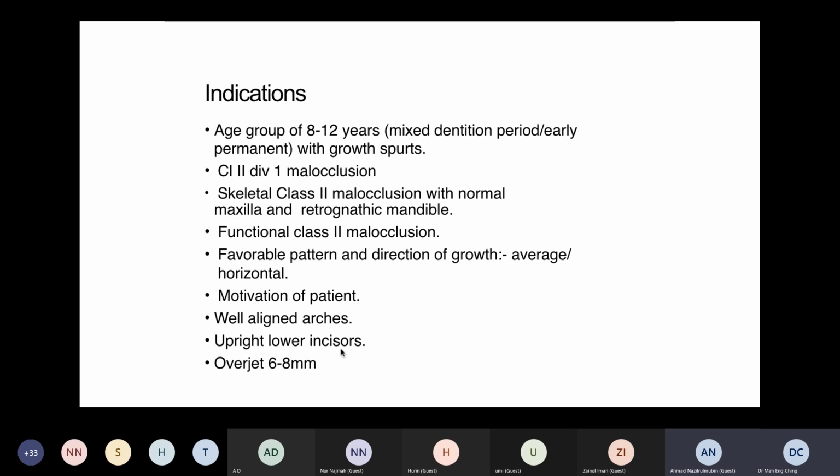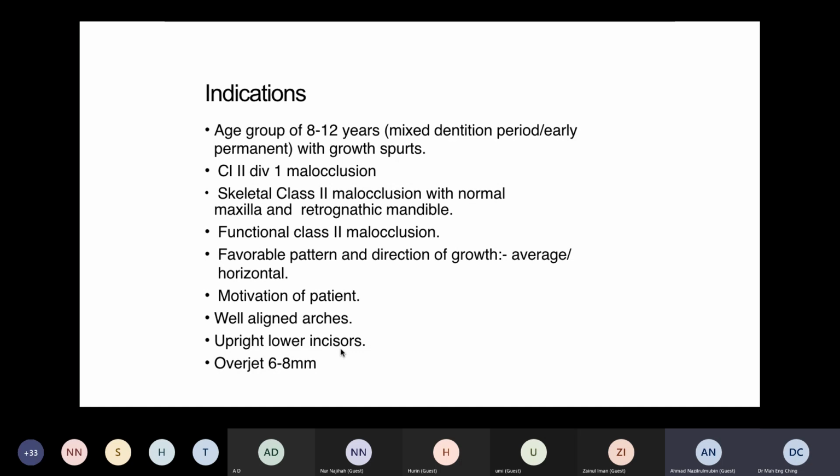So there's an inevitable side effect for myofunctional, where you retrocline the upper incisor and at the same time proclaim the lower incisor. So let's say the lower incisor is already proclaimed, then maybe it will make it worse. So ideally, this patient has an upright or slightly retroclined lower incisor, which is the best for myofunctional appliance.